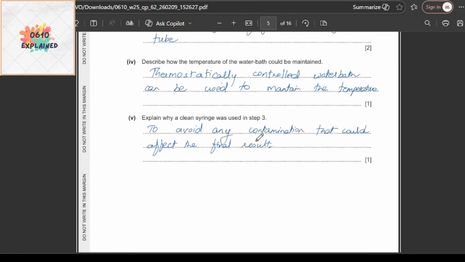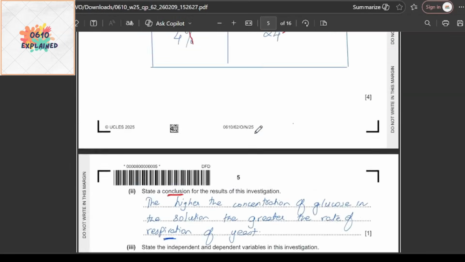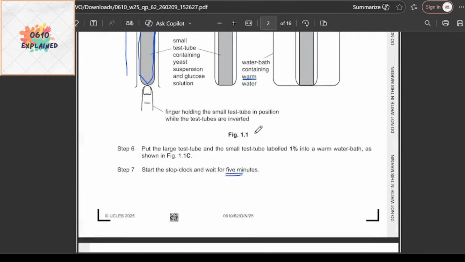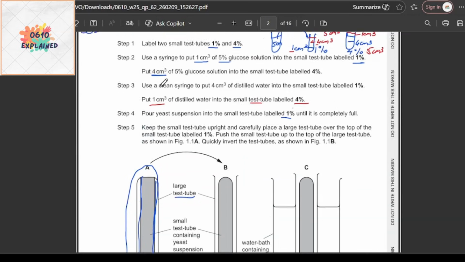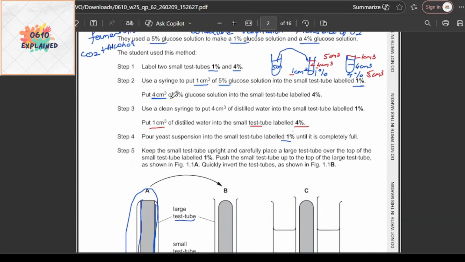Explain why a clean syringe is used in step 3. So, if I go back to step 3, let's read what is happening. They said use a syringe to put 1 cm cube of 5% glucose solution in the test tube labeled 1%. And put 4 cm cube of 5% glucose solution in the small test tube labeled 4%.